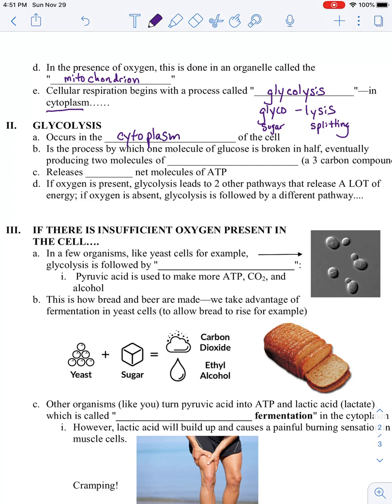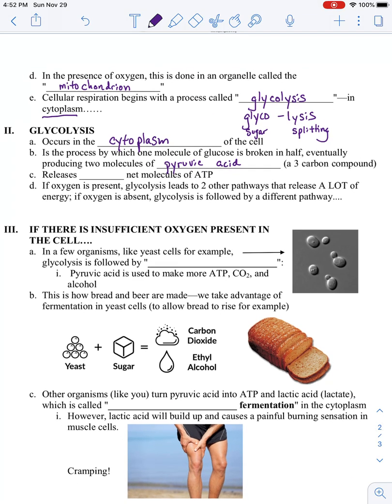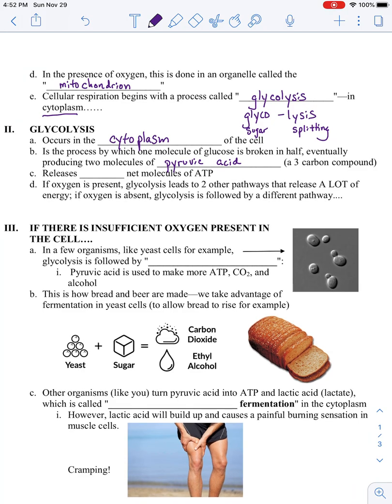Glucose is broken down in two through several chemical reactions into what's called pyruvic acid. Pyruvic acid is a 3-carbon compound, and just by breaking down sugar into pyruvic acid, 2 ATP are produced. The cell has now banked 2 ATP.